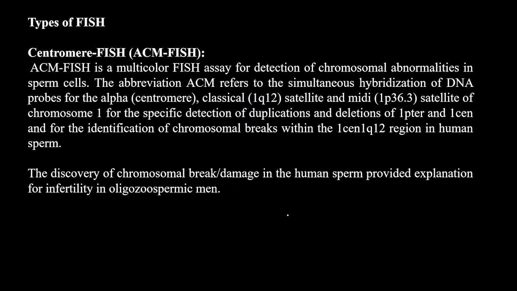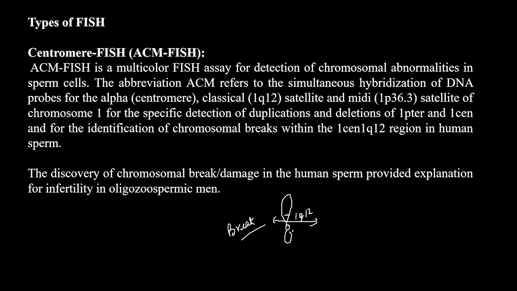You can see this is the centromere, this is the smaller arm, this is the larger arm, and there is the region which is 1q12, very near to the centromere. But if there is any break, then the binding will not be proper. You will not get a good signal, and in this way you can find out that this could be the reason for the infertility.